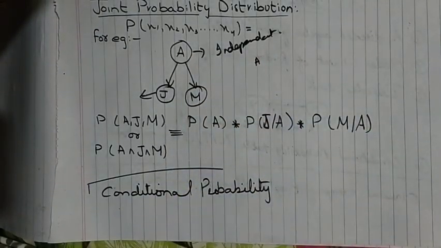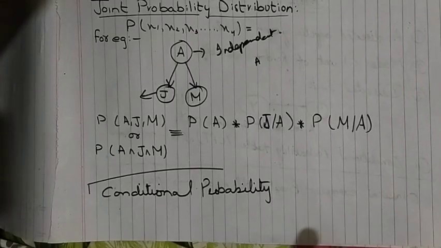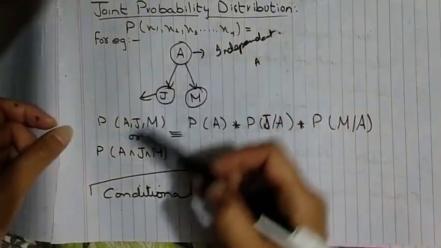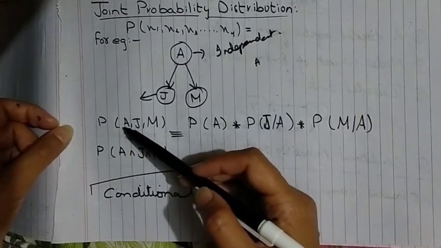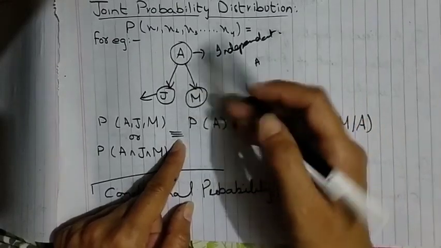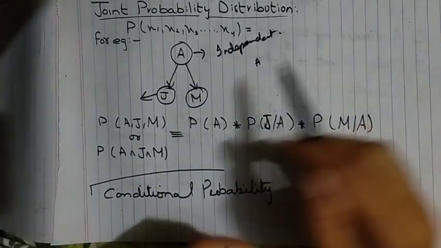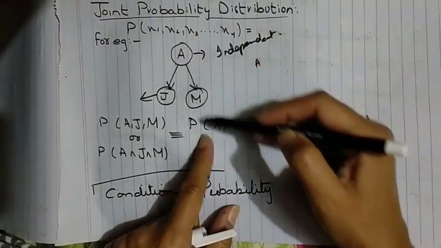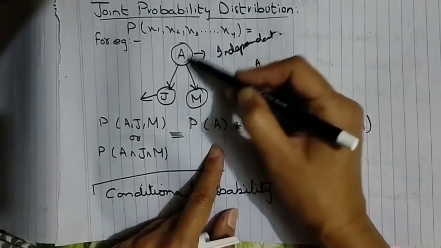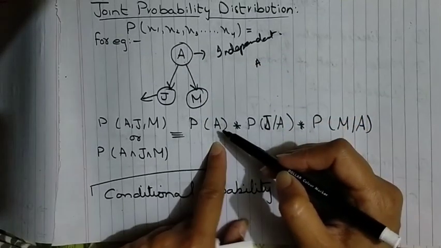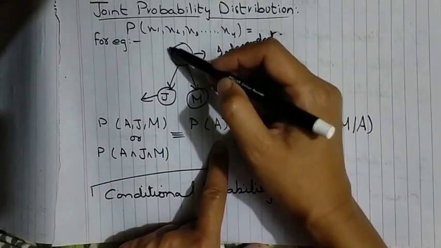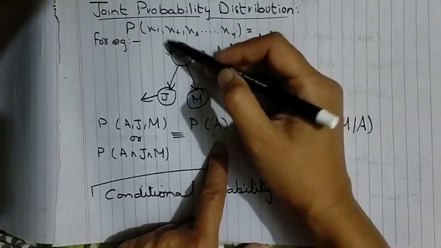So if we look at the joint probability distribution factorization, how would it be done? Overall, that would be the probability of a, j and m. If I expand this formula, it becomes the probability of a, because this node a is an independent variable, not depending upon any other node. If it were, it would be something else.